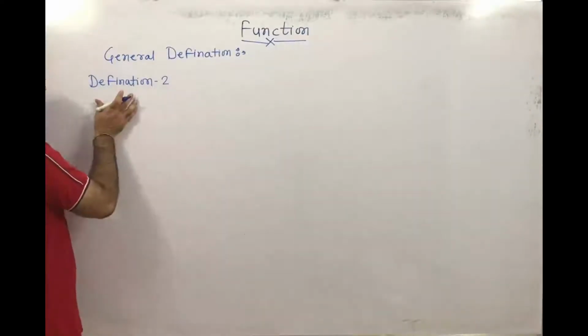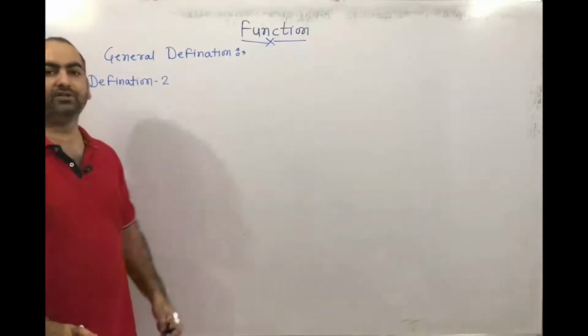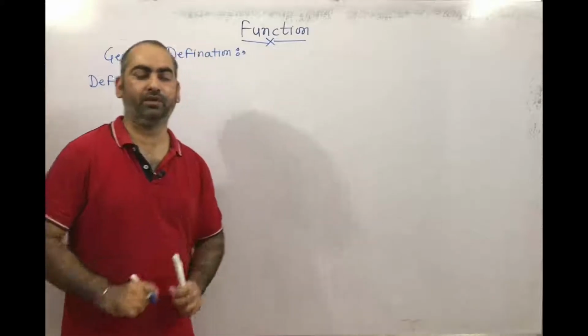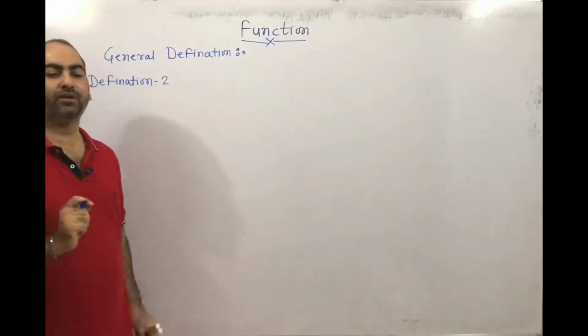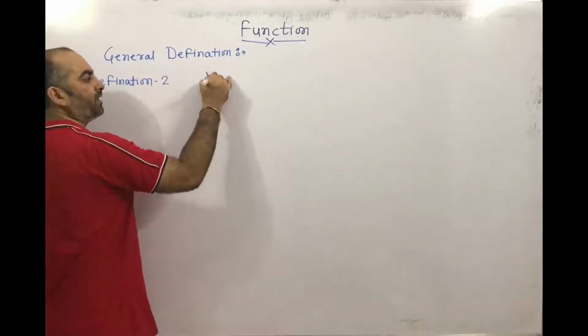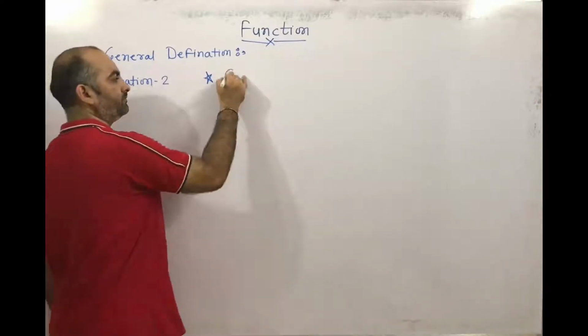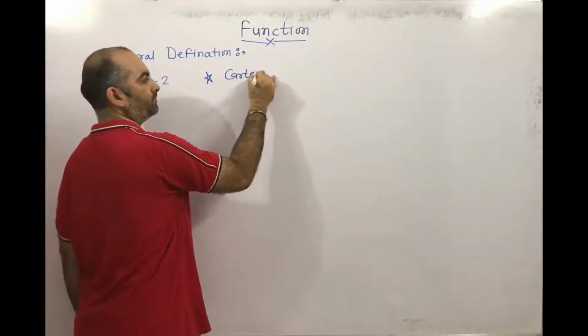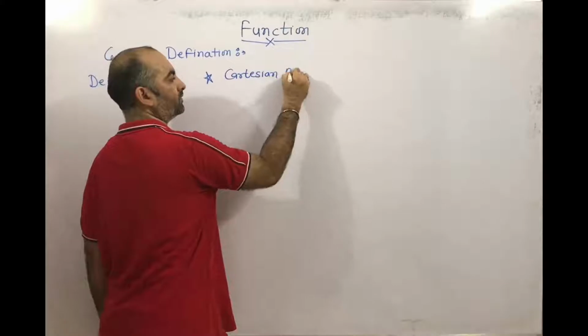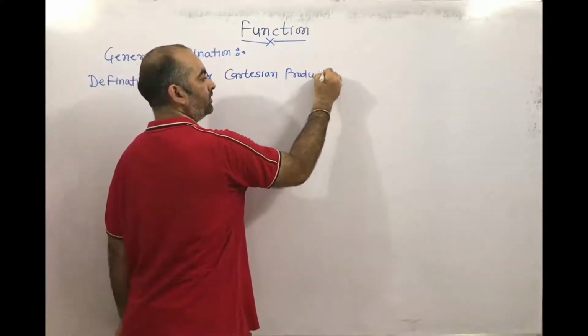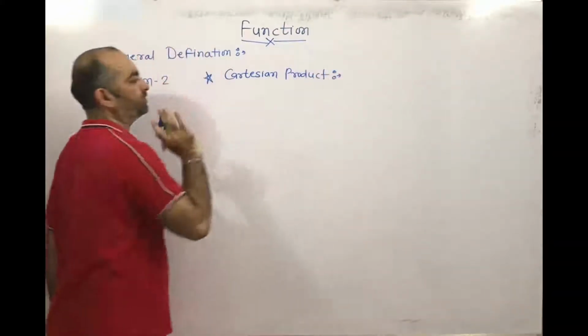Function definition 2. Function definition 2 we can give by relation. In that, the first point we have to know is the Cartesian product. This thing we need to know first.